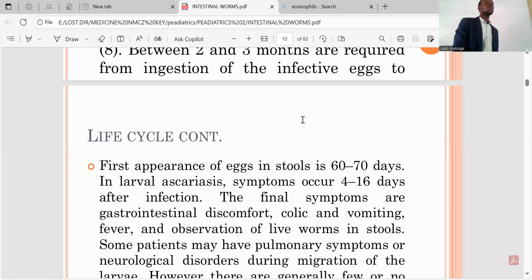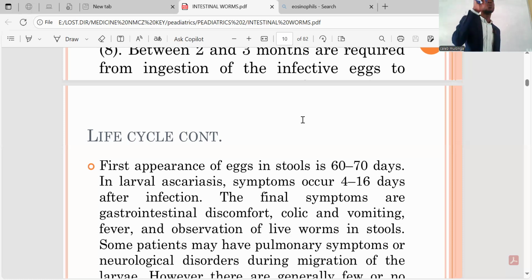Finally, these worms mature, get bigger, attach to the intestinal mucosa, and live in the intestines, where the females start producing eggs. Therefore, there will be signs and symptoms for both the respiratory system and the digestive system.